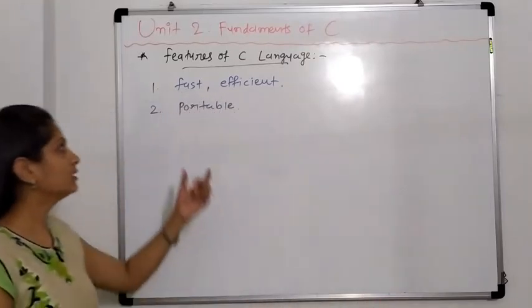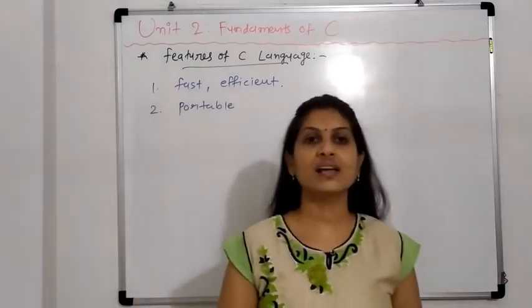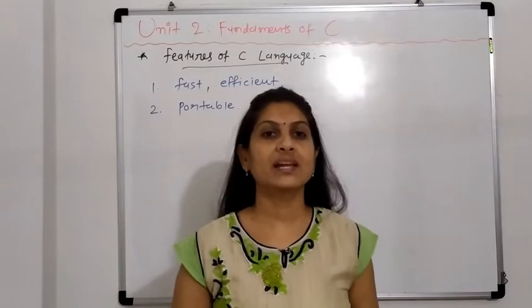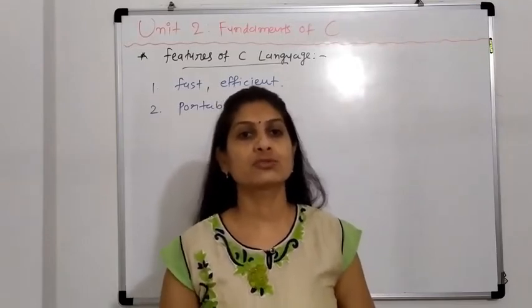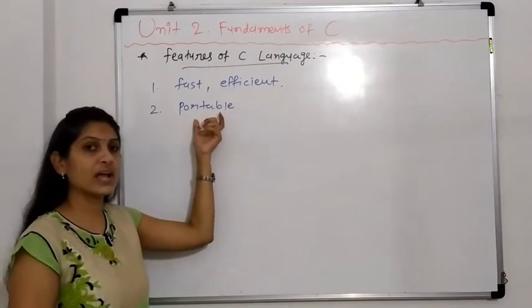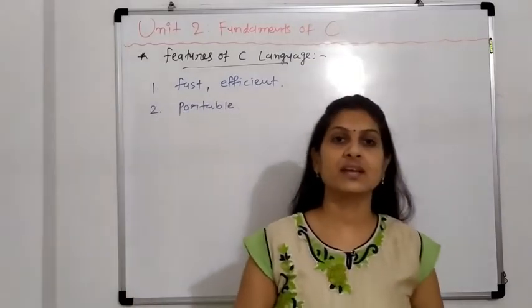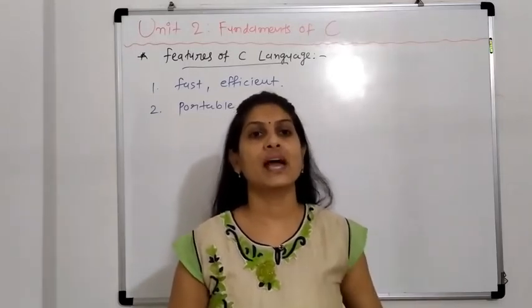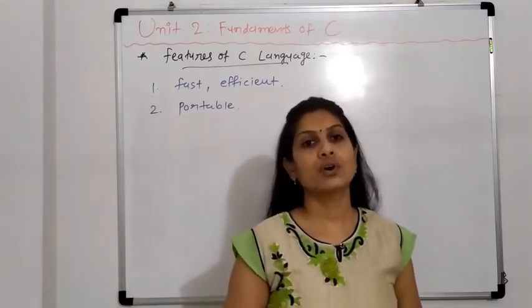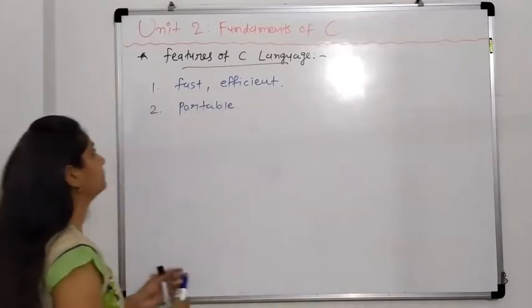That is called portable. Our mobile is a portable device. Why? Because it is movable, it can be changed from one place to another place. Similarly, a program is moved from one PC to another PC, and the same program will be executed without any or with little modification. Clear?